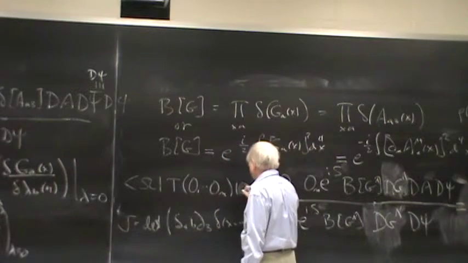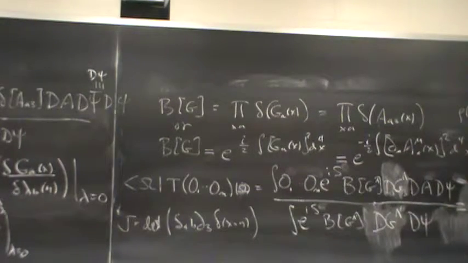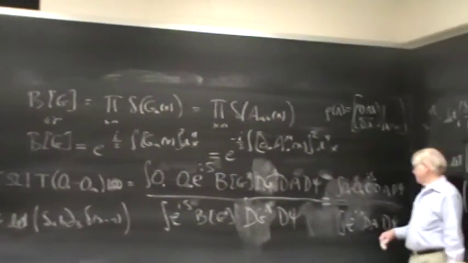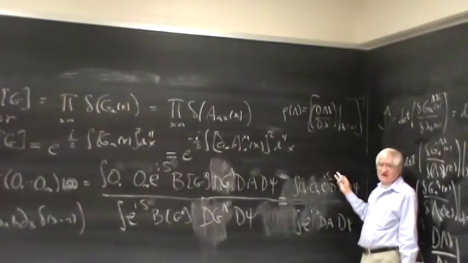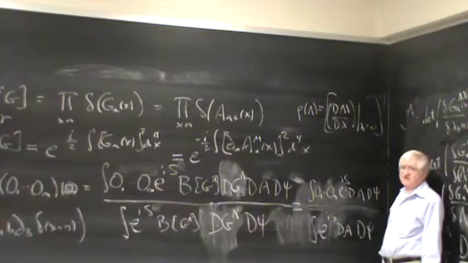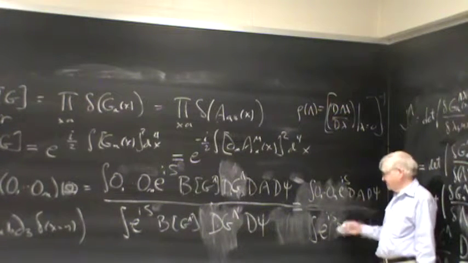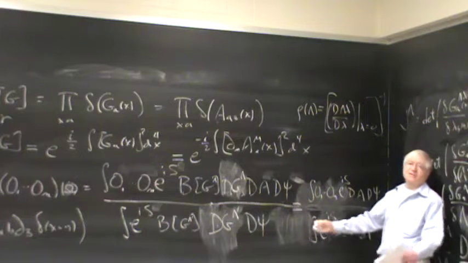It's e to the i times the fully gauge invariant action, integrated over all the fields. So in other words, it's just Feynman's original recipe taken as a ratio, and you just integrate over everything.